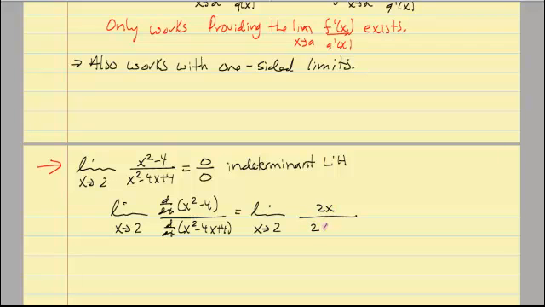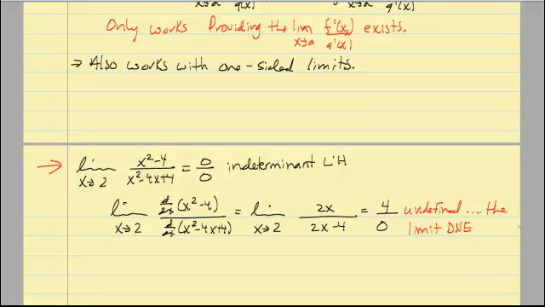The derivative of the denominator is 2x minus 4. If you plug 2 directly in here, into the numerator I get 2 times 2 is 4. Into the denominator I get 4 over 0. And I have a problem. This is undefined. And because this is undefined, the limit does not exist.